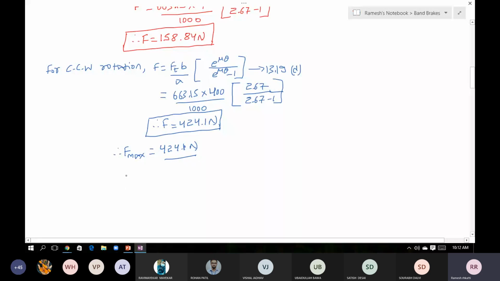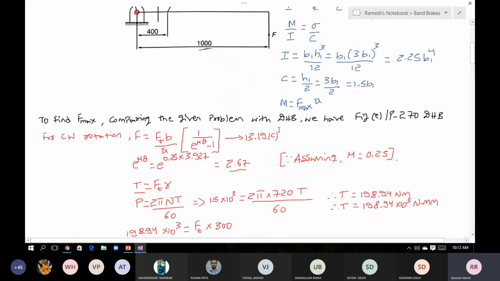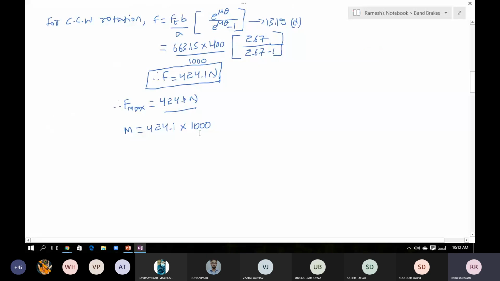We know that bending moment is equal to maximum force multiplied by A. Therefore, it is equal to 424.1 into 10 raised to 3 Newton mm.